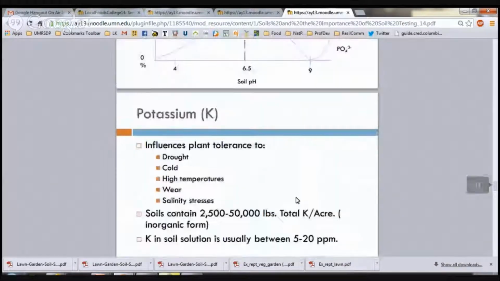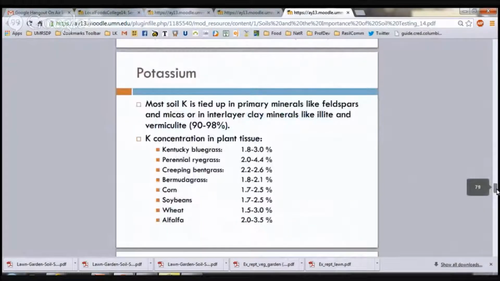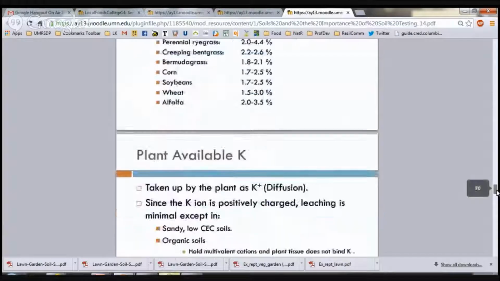Okay, so the last nutrient I was going to cover is potassium, and it influences plant tolerance to drought and summer heat, which surprisingly in Minnesota has been an issue for the past couple of years. We usually have quite a bit of potassium in our soils here in the Midwest, but you could be deficient.